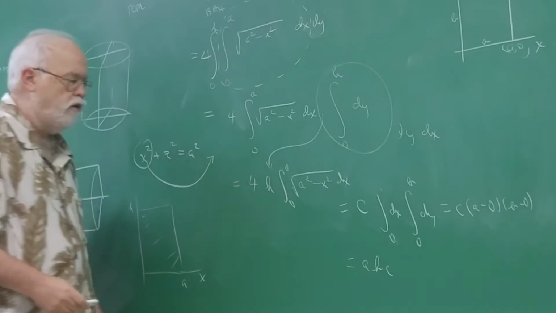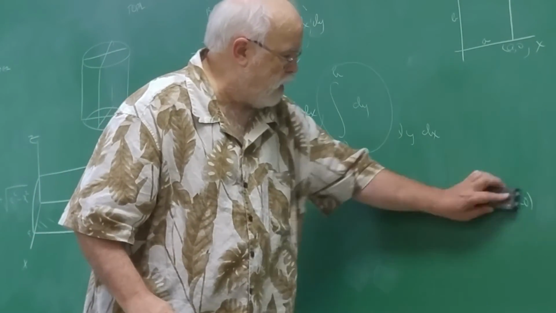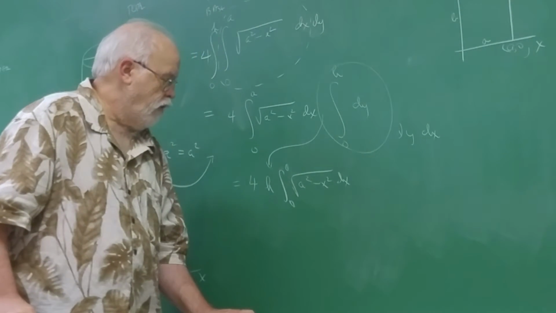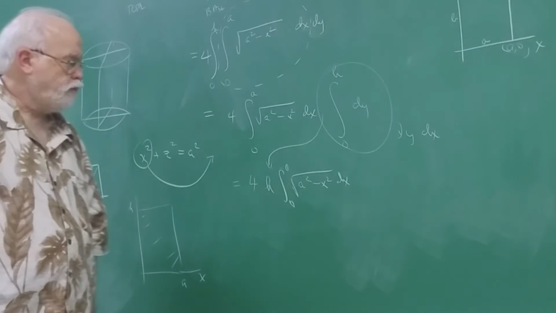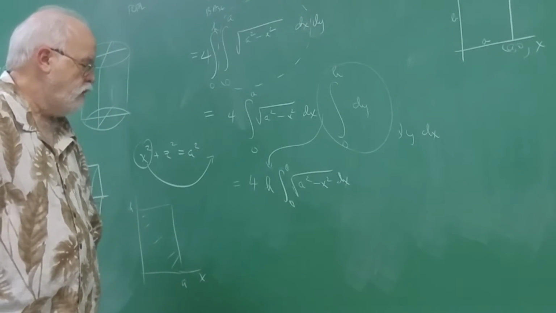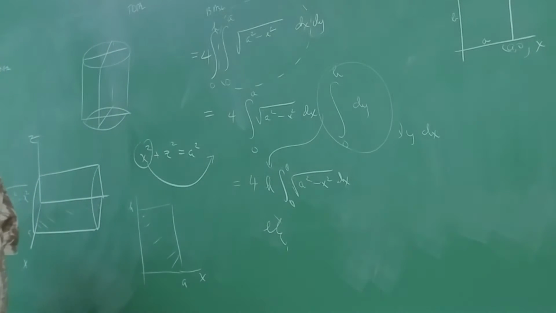And again, I'll leave it to you to do the trig substitution and get done with that. Your answer should be pi a squared over 4. And then when you multiply by 4, you'll have pi a squared times h. So anyway, etc. But finish the details.